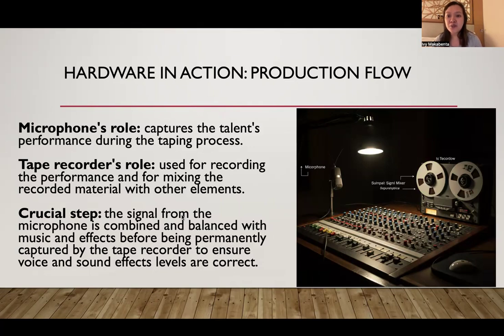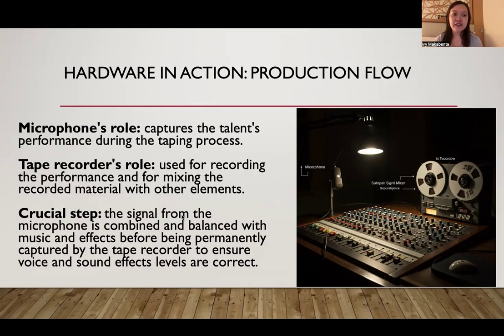So, how do these tools work in harmony? It all flows in sequence. The microphone signal doesn't go straight to the tape. It first flows into the mixing console. The microphone's role is to capture the talent's performance during the taping process.